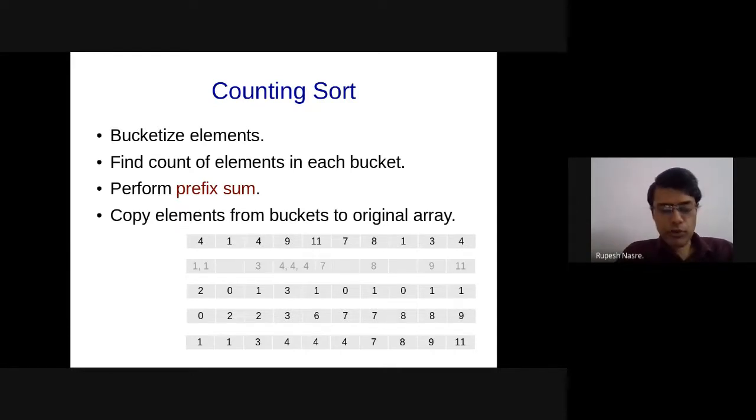Sai Chan says, what about repetitions? Good question. Anybody wants to convey what you can do when there are repetitions? So let's say that the elements are appearing multiple number of times. What will you do?